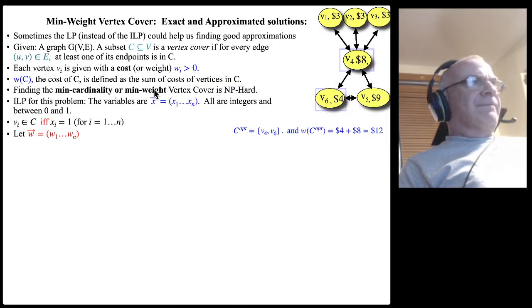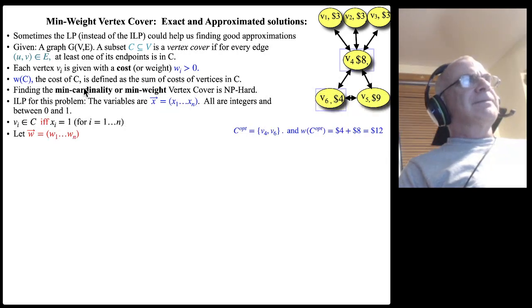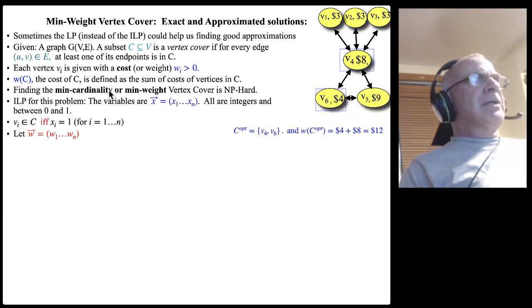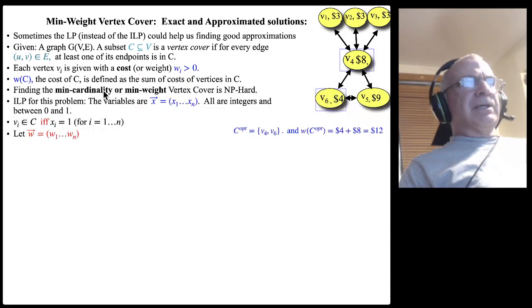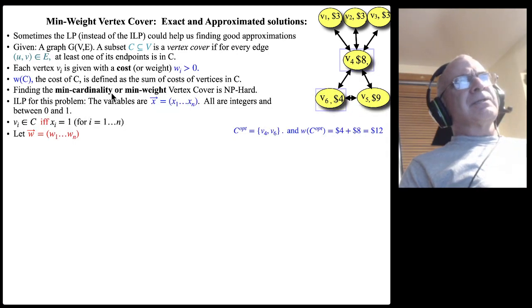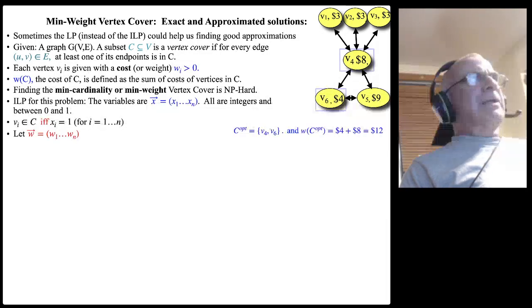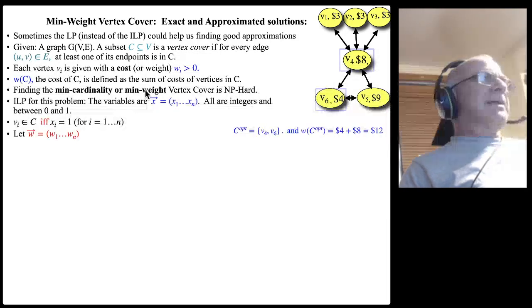So if P is not NP, we probably don't have an algorithm that always runs fast, no matter what the input is, but we'll get somehow close to it. Minimum cardinality, by the way, I did not define. It's just the cover that has as few vertices as possible. That is, I'll assume that the cost of every vertex is $1, so I'm just minimizing uniform costs.